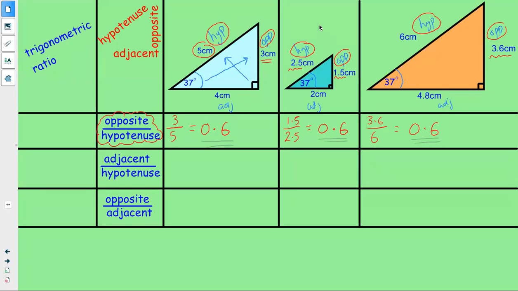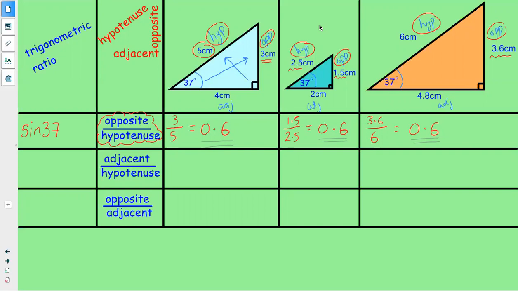Now, I was saying in the last video that we like to label things in maths, so that 0.6 can also be called sin 37, so sin of the angle. So in here, under the trigonometric ratio, I'm going to write sin 37.